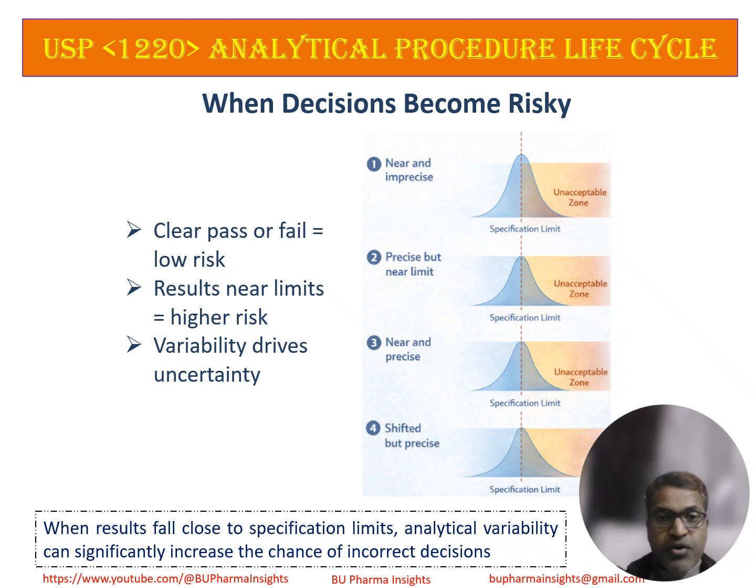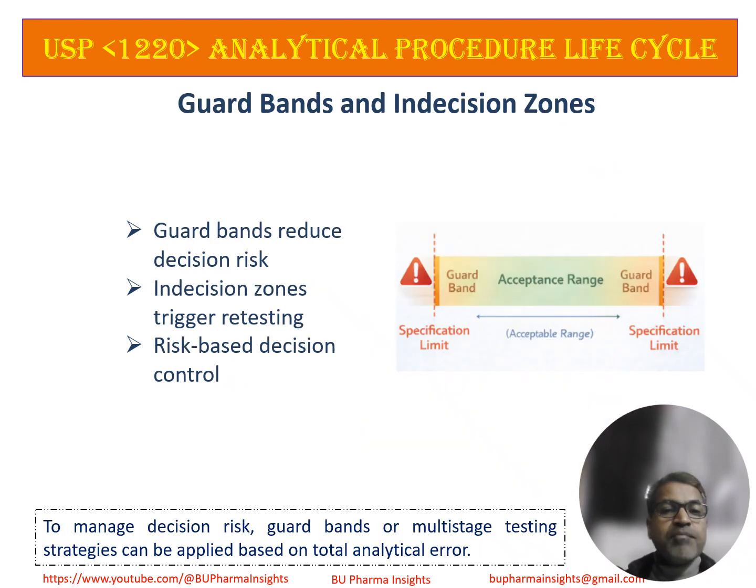Clear pass or clear fail, low risk. Results near the limit, higher risk. Variability drives uncertainty. When results sit close to specifications, analytical variability increases the chance of wrong decisions, leading to OOS results and even recalls. Guard bands and indecision zones.